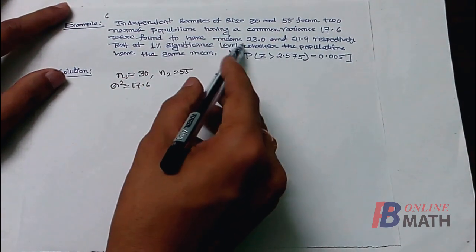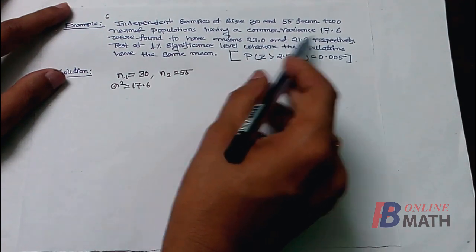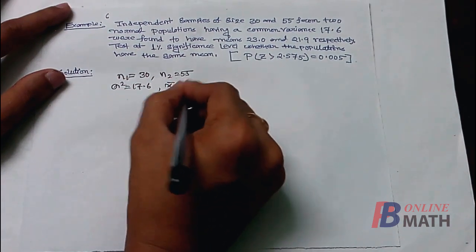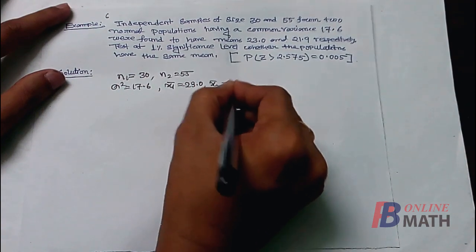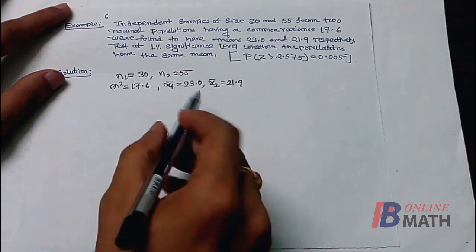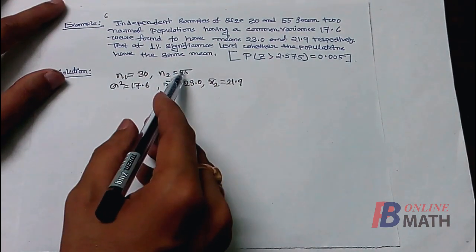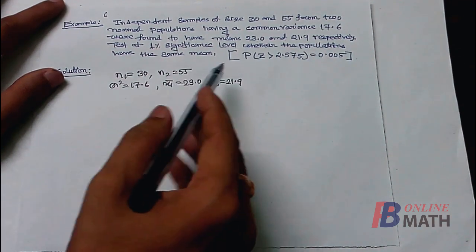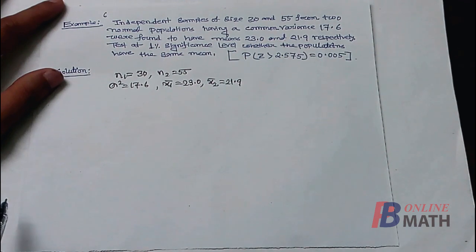The two samples have means 23 and 21.9 respectively, so x1 bar equals 23 and x2 bar equals 21.9. These two are the sample means of the samples of size 30 and 55 respectively. We have to check whether the populations have the same mean.